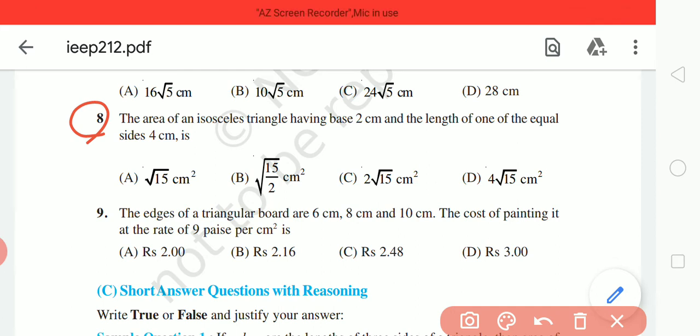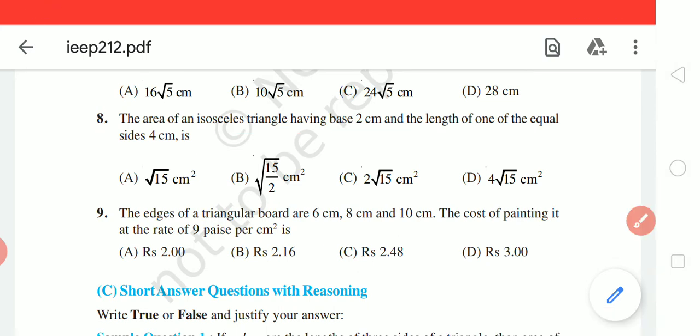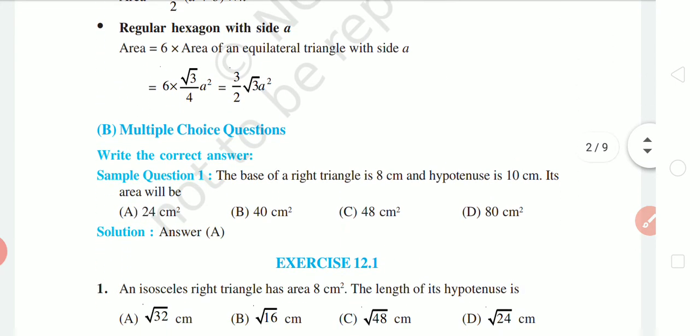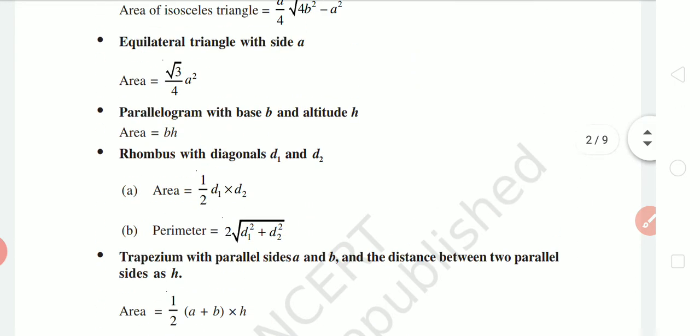So the area of the isosceles triangle having base 2 cm and length of one of the equal sides 4 cm. So you have been given all the 3 sides, and you know the formula for an isosceles triangle. I told you a direct formula for the area of an isosceles triangle.